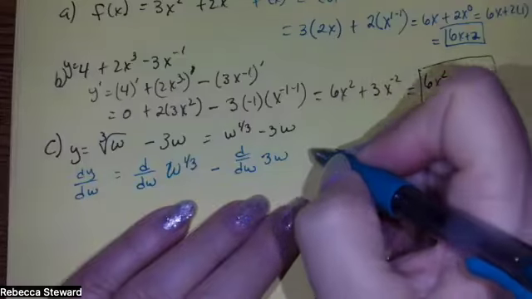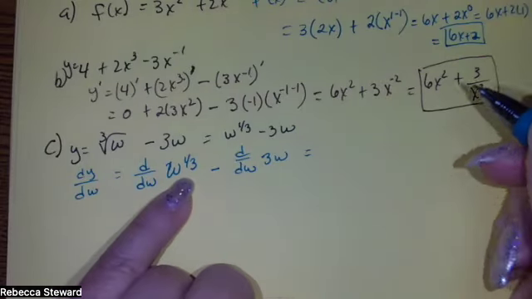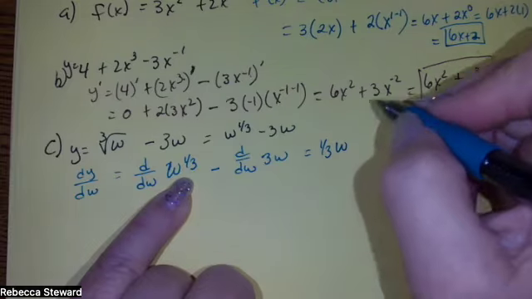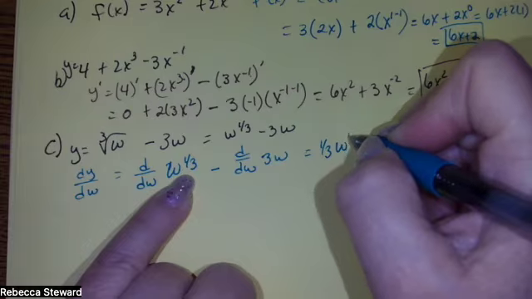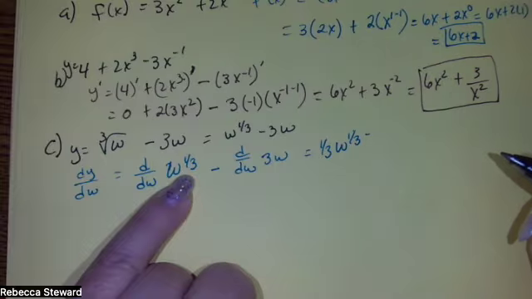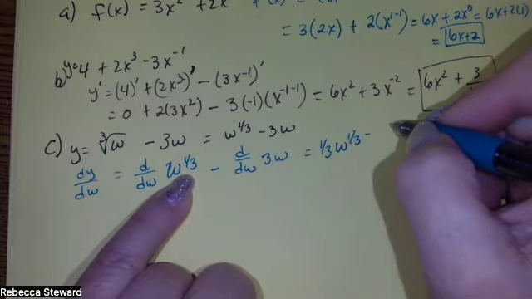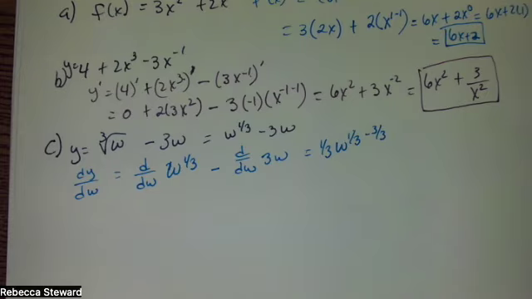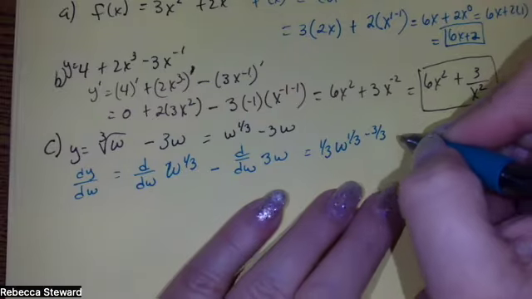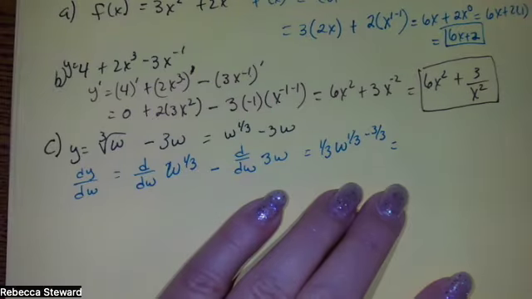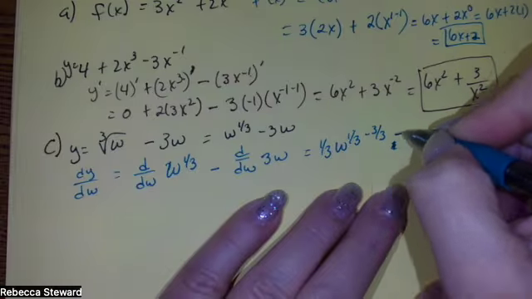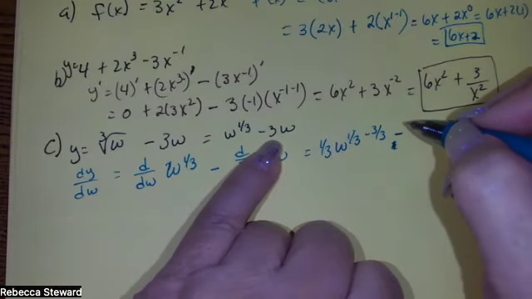It really doesn't matter. All right, so this will become 1/3 w to the 1/3 minus 1. Now what I'm going to do is go ahead and write my 1 as a common denominator of 3 over 3. So I don't have to rewrite as much. And you can always do that, or you can do that math in your head, whichever way you want to go. So this will, oops, I got to do subtraction. So minus, we have to do the derivative of this.